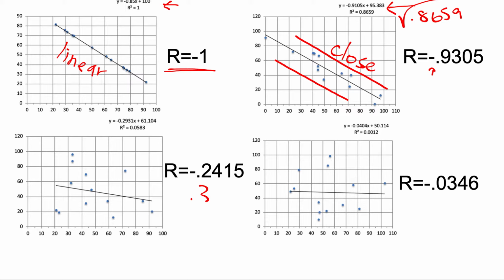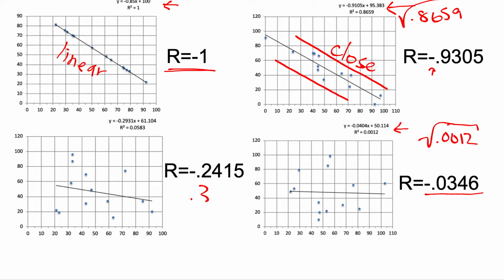This one was about as bad of a correlation as I could create. I was just randomly creating these with Microsoft Excel. And you can see the r squared here is 0.0012. This is almost as bad as it gets. So the correlation coefficient comes out really close to 0.